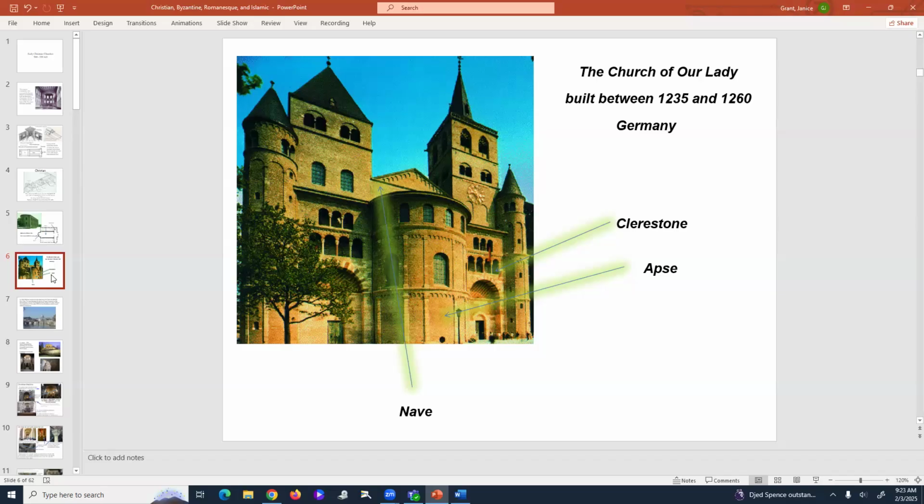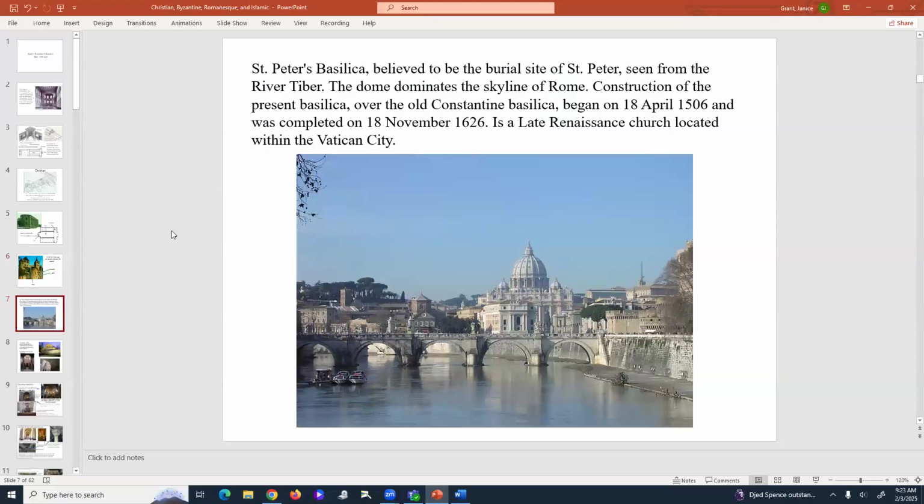A better view of the apse from the outside, with the nave below. And so this building here is St. Peter's Basilica, believed to be the burial site of St. Peter, on the river there.